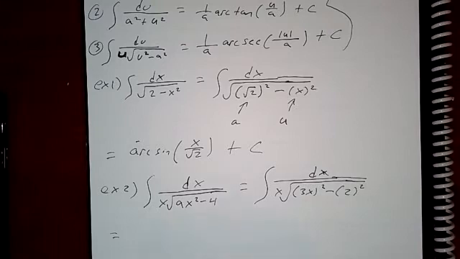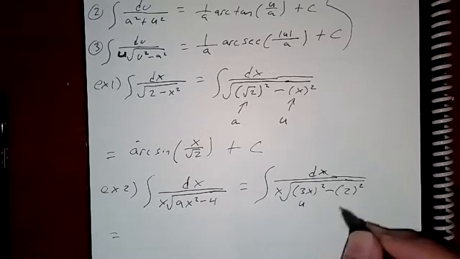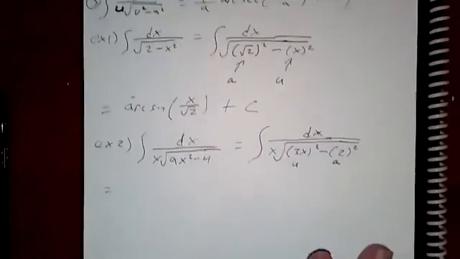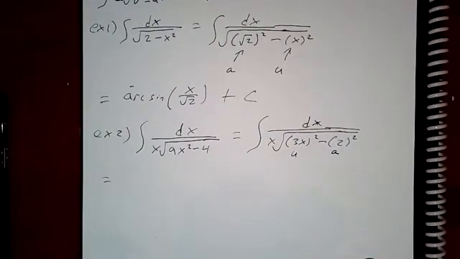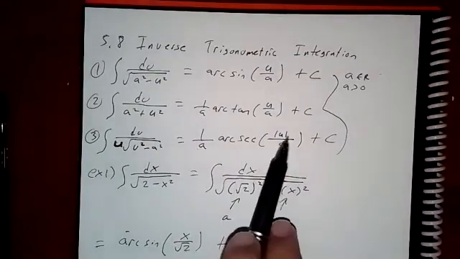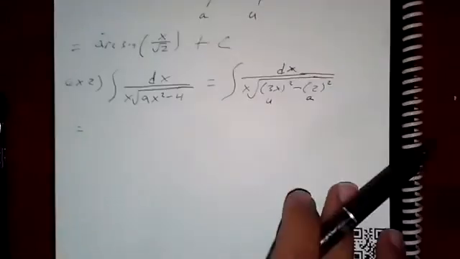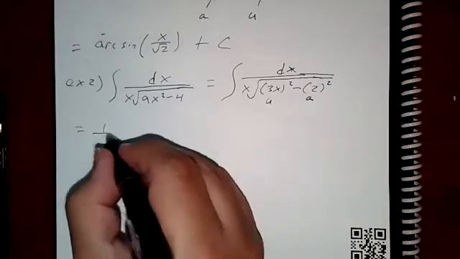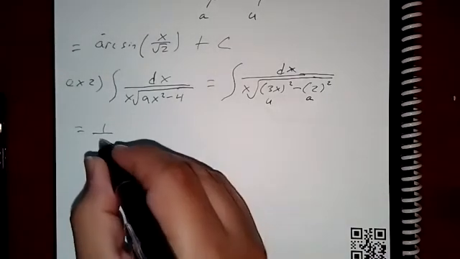So what's your answer now that we've rewritten the problem? This is my u. This is my a. So just plug in those numbers and letters right here. a over u, 3x squared. 1 over 2.